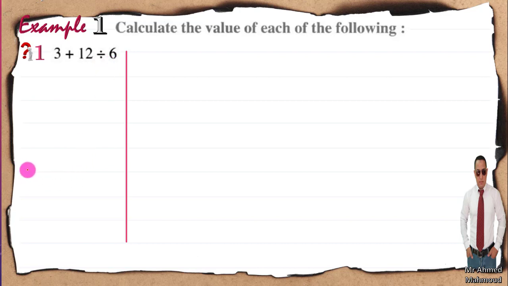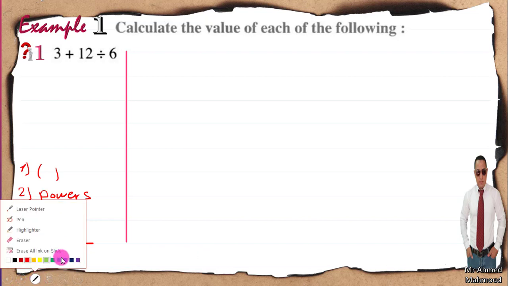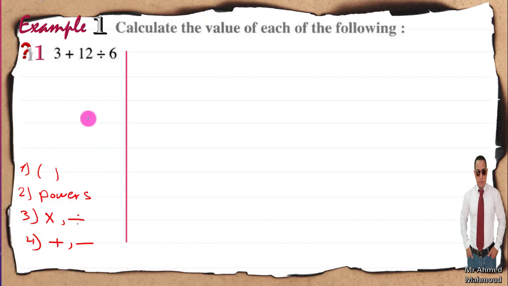Remember with me. First, brackets. Number 2, powers. Number 3, times or divide from left to right. Number 4, plus or minus from left to right. These are the steps I'm going to use in all questions.